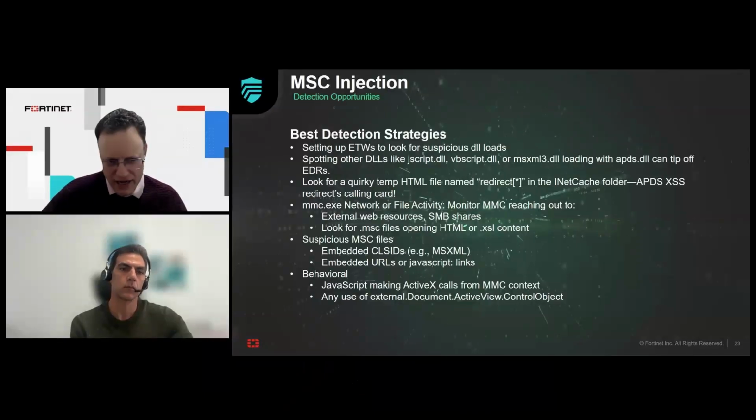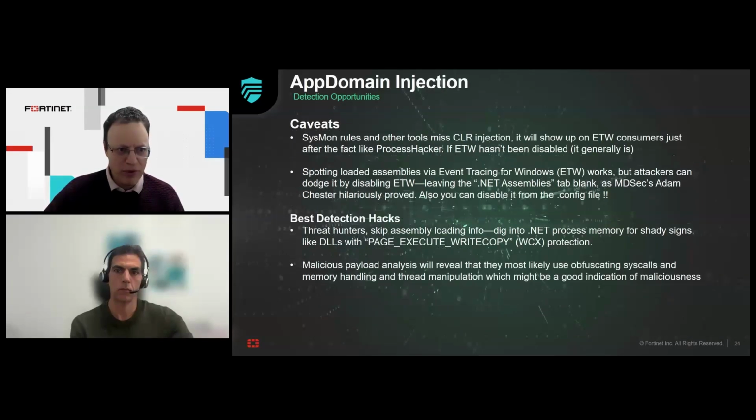As we spoke, it's very complicated to identify these attacks if you don't know where to look. Setting up ETW to look for suspicious DLL loads is a good one, but remember APDS won't look. I guess the best one is to look for MMC doing network activity or spawning new processes. And for AppDomain injection, as we saw on the XML file, you can instruct it to not do any logging.